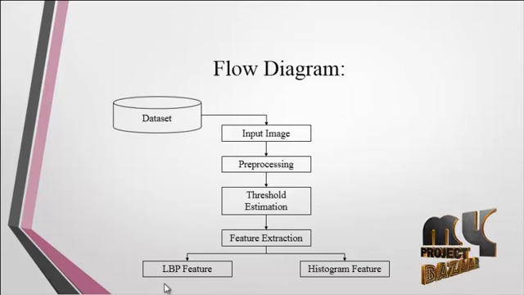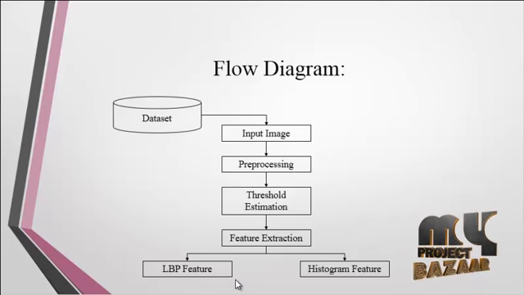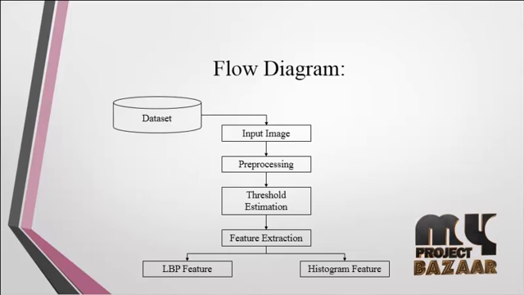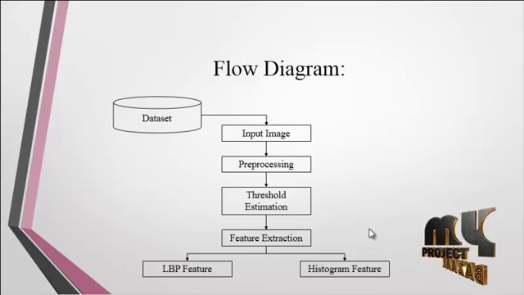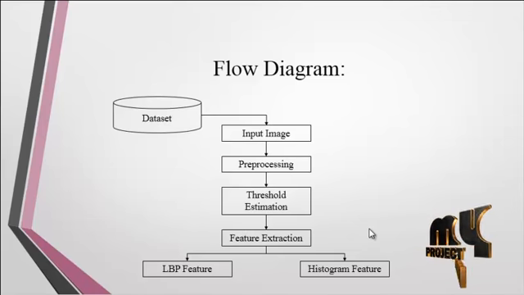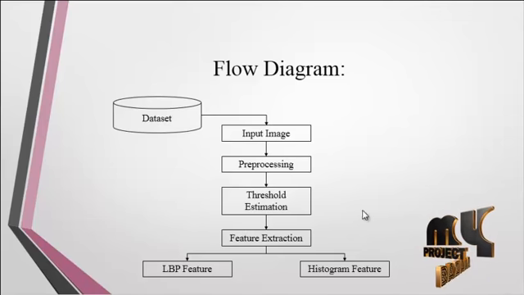By checking the efficiency of patterns like LBP and the histogram, we compile the two features, and then the efficiency will be calculated. The efficiency of the features is calculated through classification. If the classification accuracy of the process is higher, it means the efficiency of the features, like patterns and histograms, is also improved.